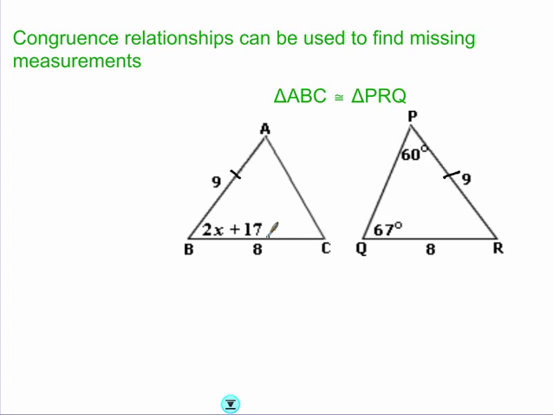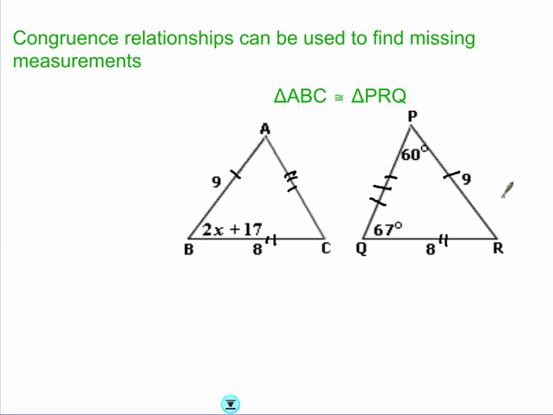I know that BC is congruent to QR, also from the name and from the fact that they both have an 8, which means AC is congruent to QP, although that's not particularly helpful here. What really is helpful is the angles.